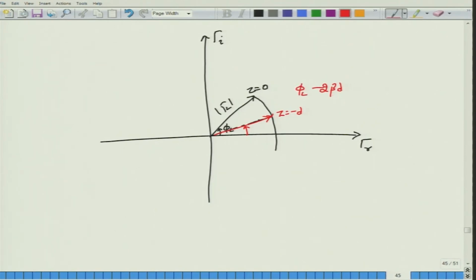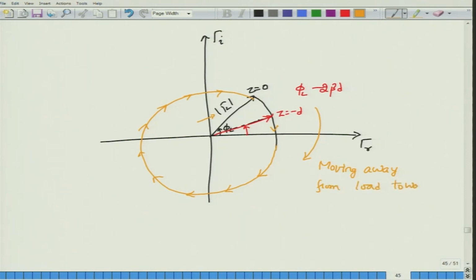What is important to note here is that as you move away from the load and towards the source, you will be moving along this particular circle whose magnitude remains constant and equal to gamma L. So the magnitude remains constant and you would be moving successively in the clockwise direction as you move away from the load, from load towards source, or in the older terminology, generator.